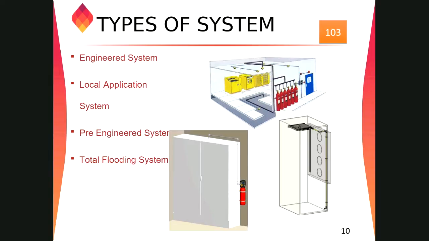The testing company who tests the pre-engineered system for a specific requirement, this will be applied for that only. Most of the cases we are using the total flooding system, because if your project size is big, we have to go with the calculation of those systems, like hydraulically, we have to control the system.